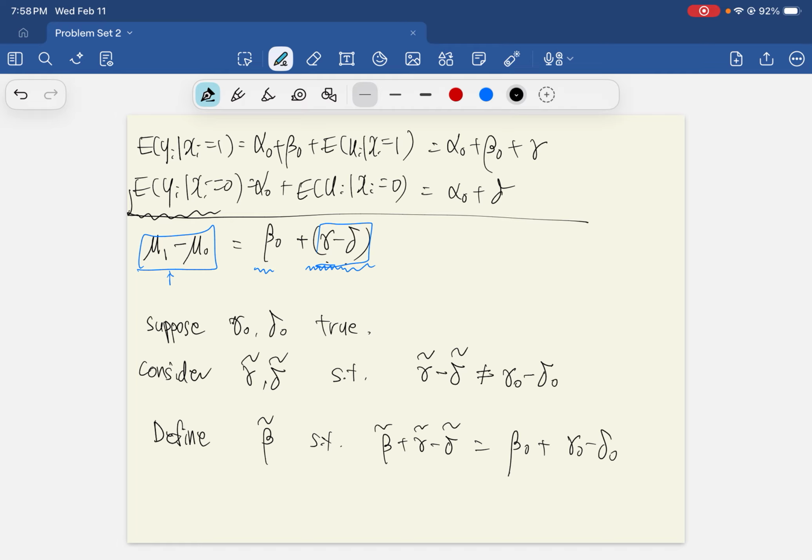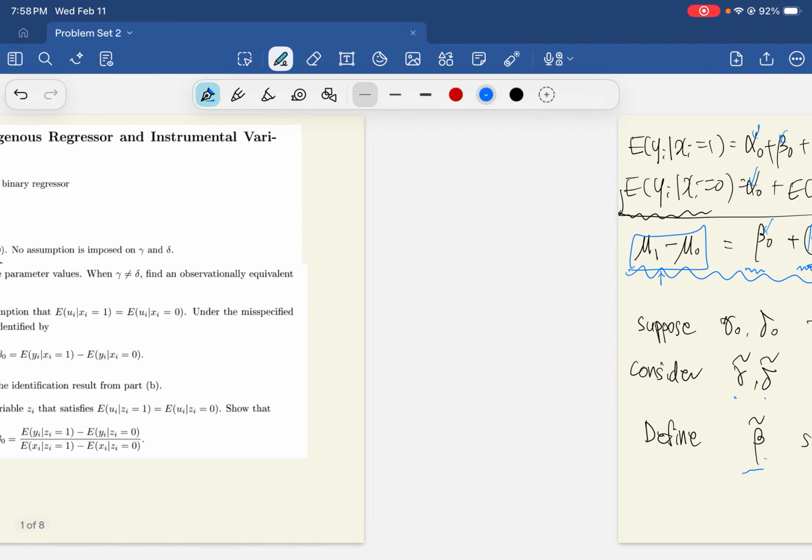So as long as these are the same, we have this equation. So these parameters satisfy these equations, right? Just replace with beta tilde, and gamma and delta tilde here. So you can always find such gamma, delta, and beta that will generate observationally equivalent parameter values.